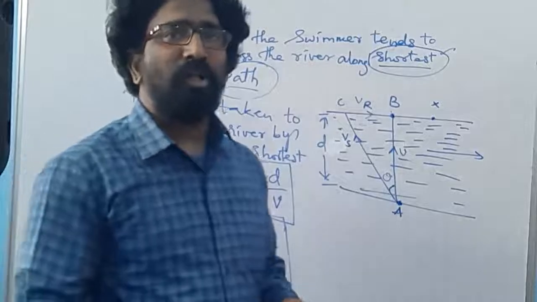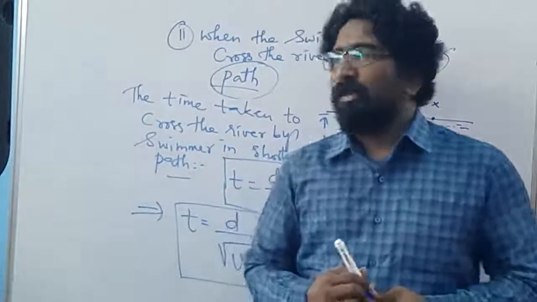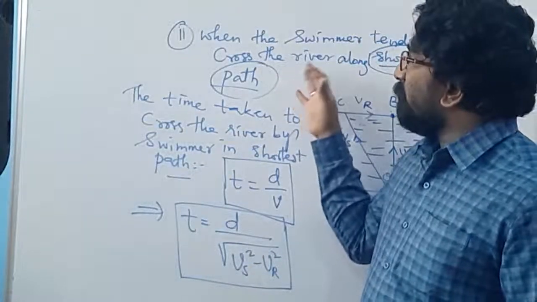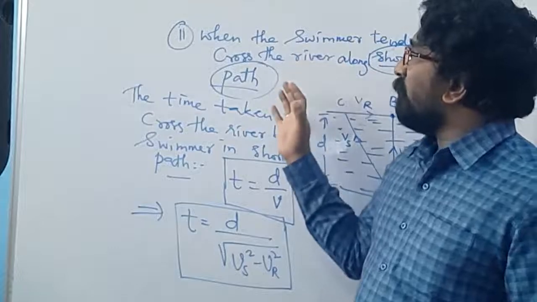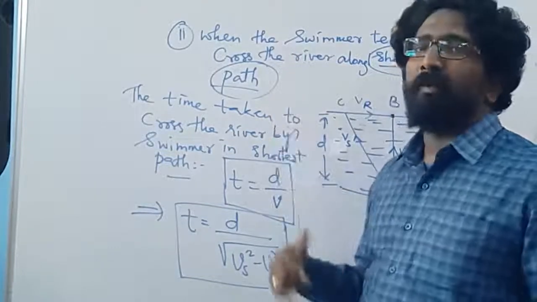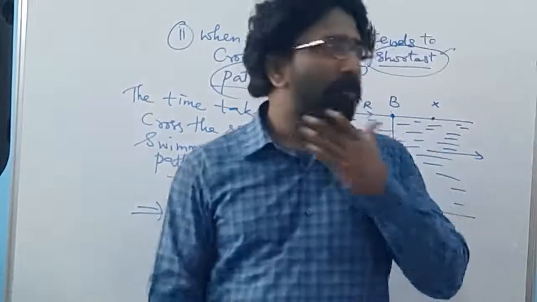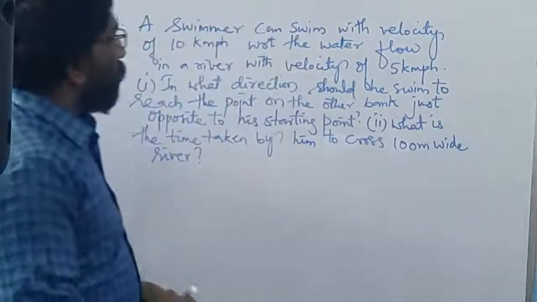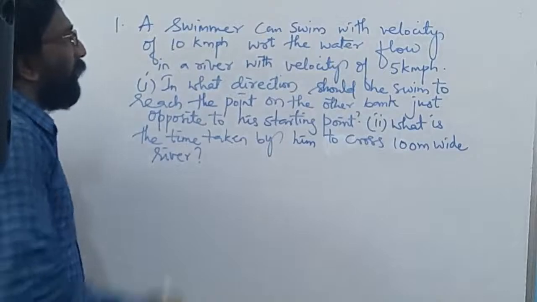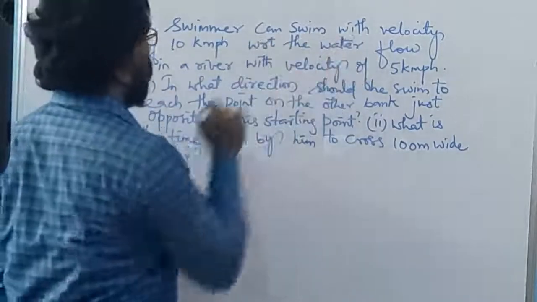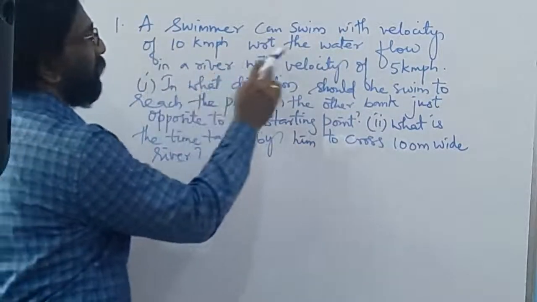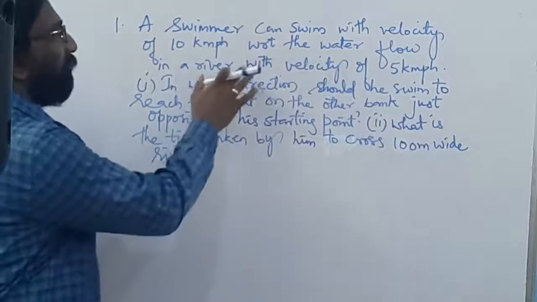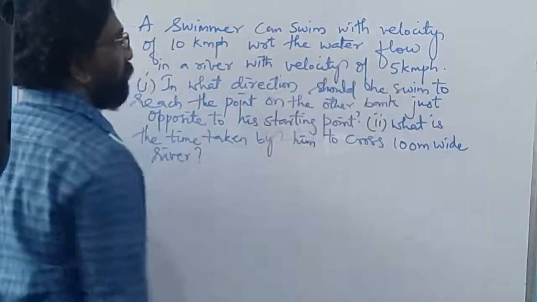So these are the concepts regarding the two important categories of finding out the solutions to the numericals regarding the river problem. Okay, see here. A swimmer can swim with a velocity of 10 km per hour with respect to water in a river flowing with a velocity of 5 km per hour.